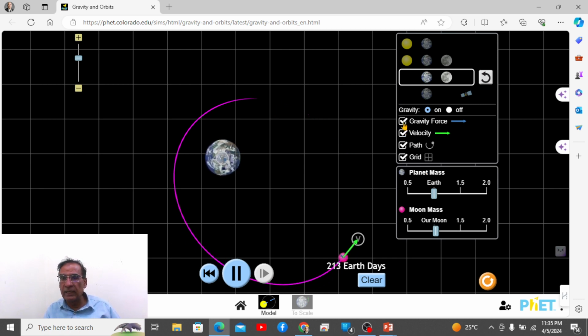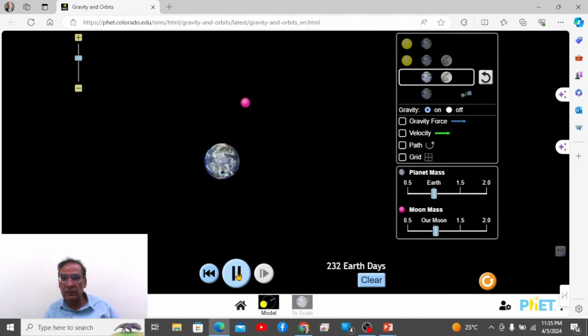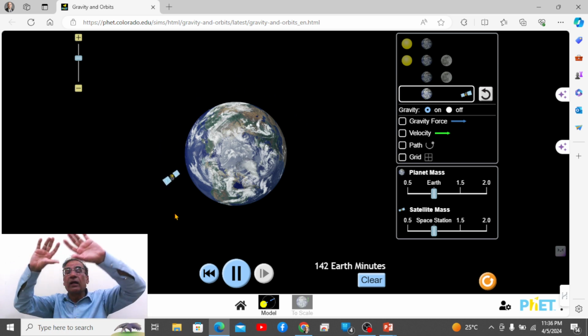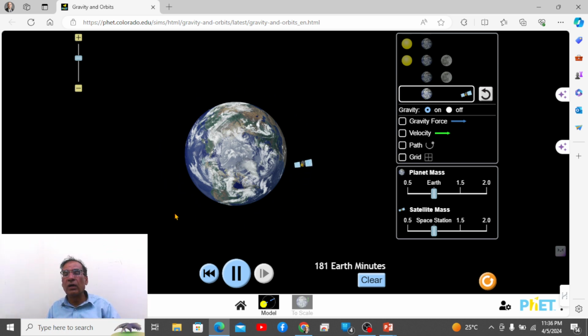Now let me check the other motion, and that is the motion of the satellite around the earth. Here you can see the motion of the satellite around the earth. As you know, a lot of satellites are moving around the earth, and they are providing us the signal.